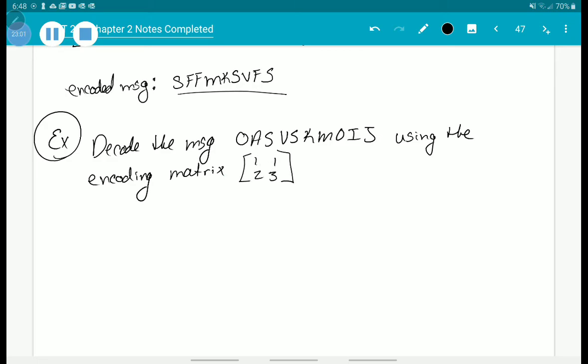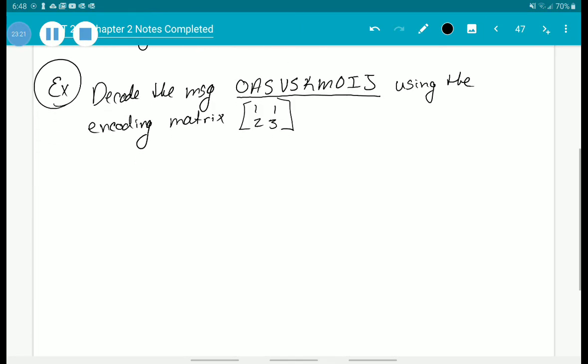So we want to decode the message OASVSKMOIJ using the encoding matrix of 1123. So let's look at this. Our first step is to figure out how we're going to write this.